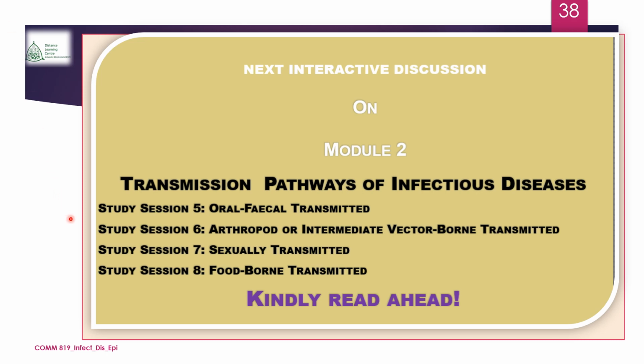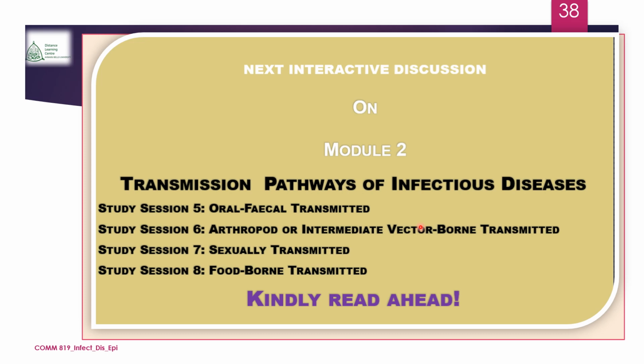Our next interactive discussion will be on module 2. Given what you've done in module 1, most of this will just be repetition. We've talked about transmission pathways, infectious diseases, routes of transmission. We said oral-fecal, arthropod-borne transmission. Arthropods are mostly insects.